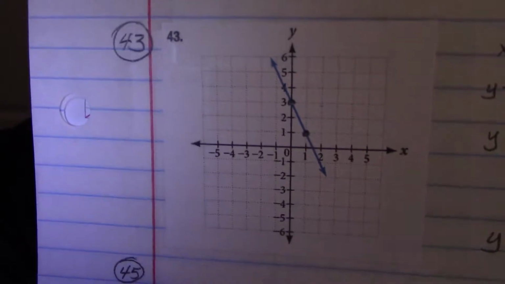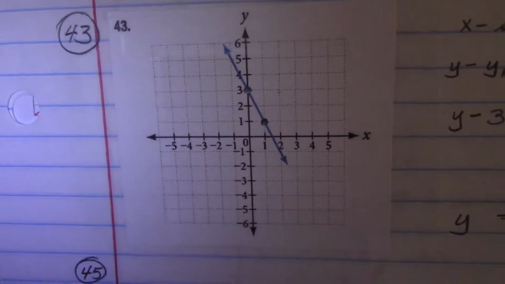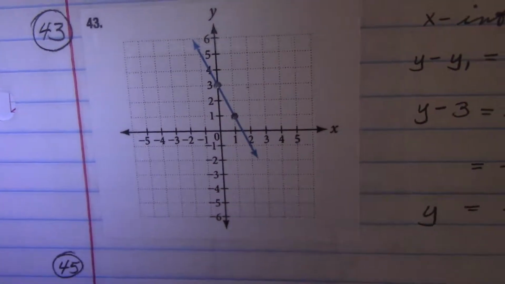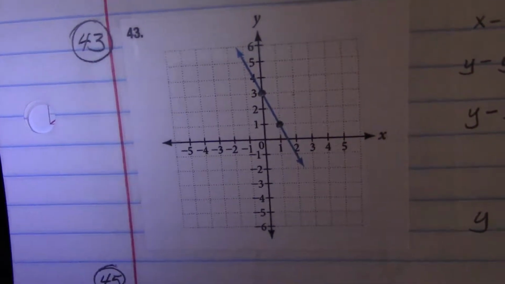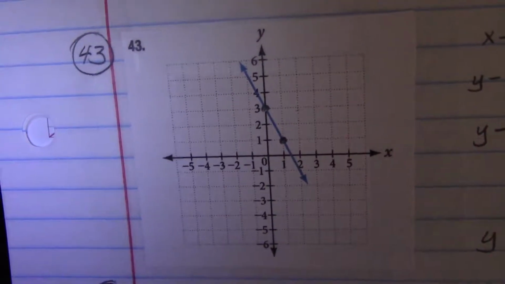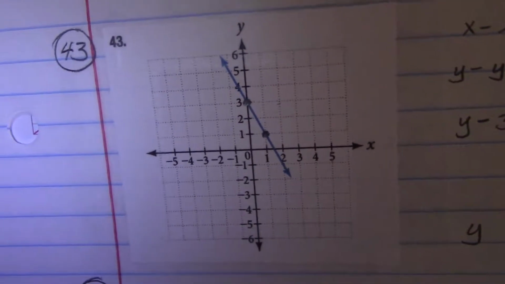Okay, number 43. So here's a graph of a line provided for us. And I've put dots on 2 points that are on this line that I want to use to get the equation for this line. And so you can pick your own if you wish.